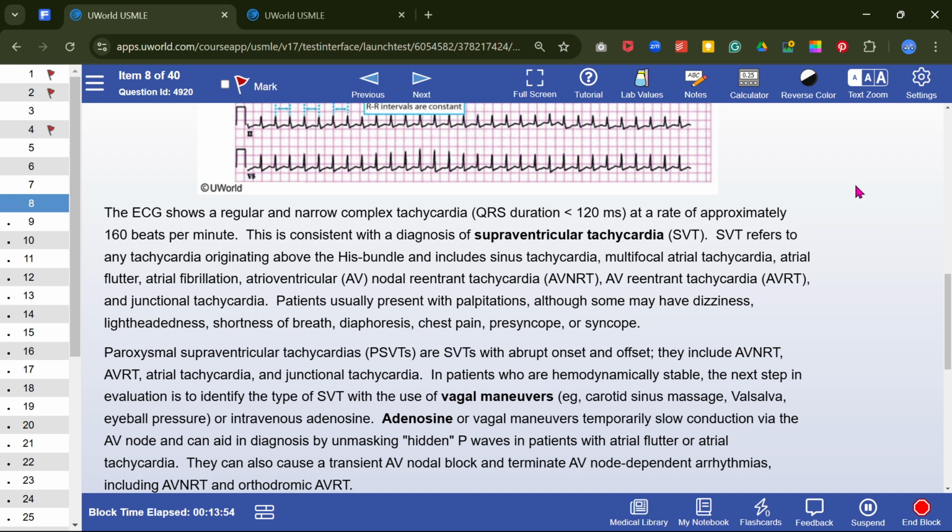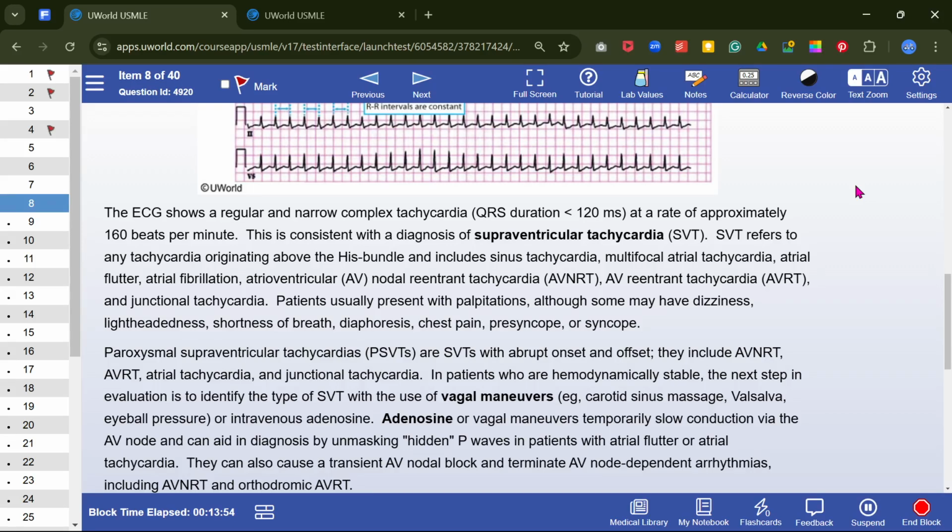Adenosine or vagal maneuvers temporarily slow down the AV node and can aid in the diagnosis by unmasking hidden P waves in patients with atrial flutter or atrial tachycardia.